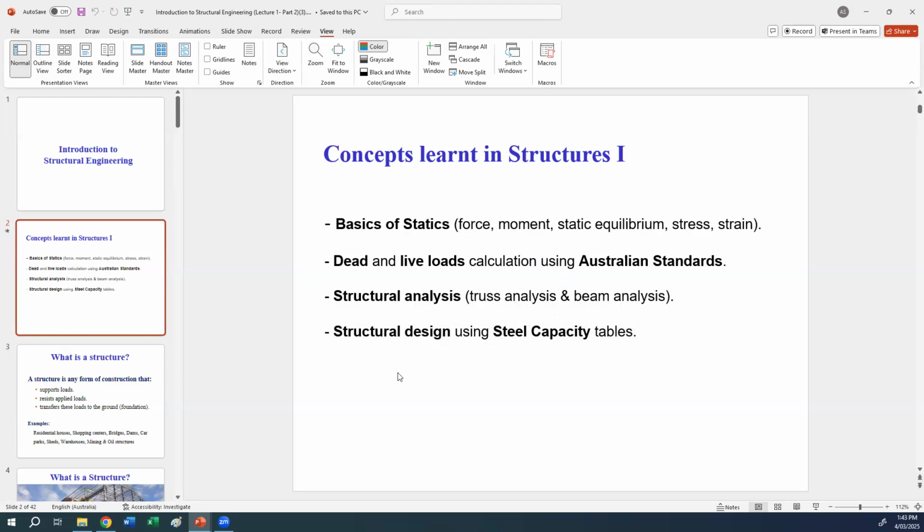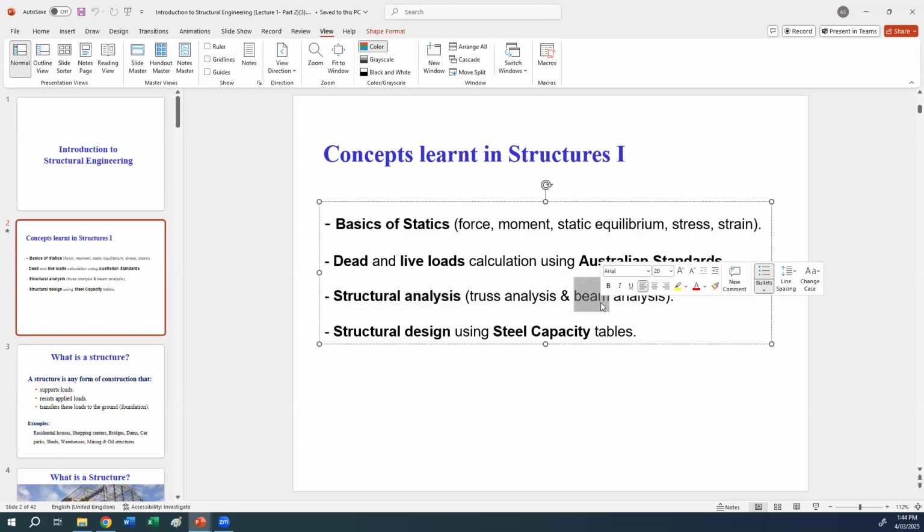We will be doing something similar to that, but we will go into details about how to find the dead load, live load, and wind load. Then use these to perform structure analysis of beams and columns. So here we can add beam and column analysis.